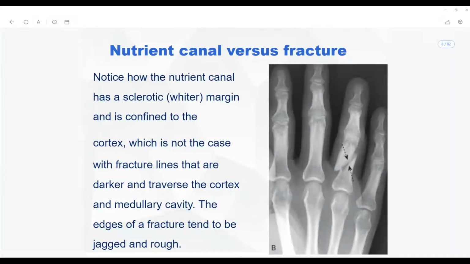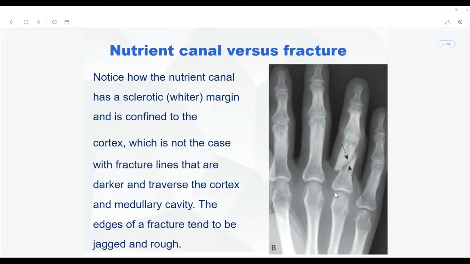Your answer is wrong. It's not a metacarpal. It's the phalanx. Metacarpals are present down here. You see here, these are the metacarpals. This one is the phalanx.